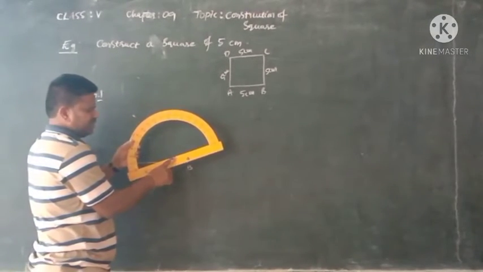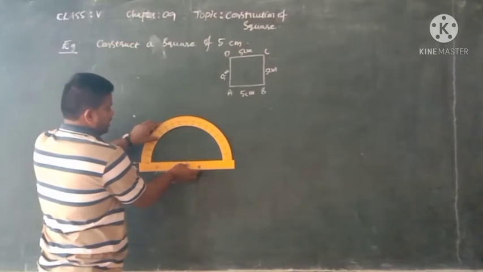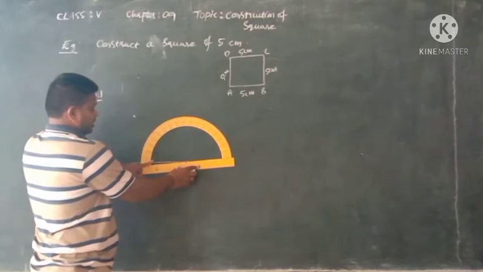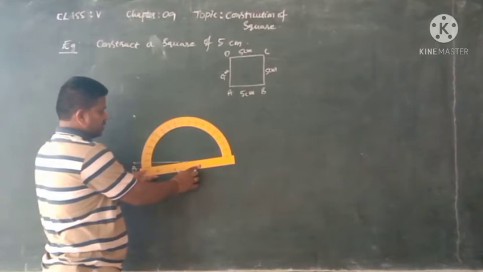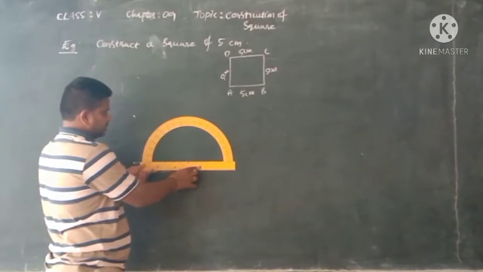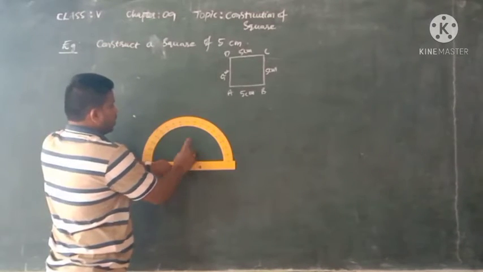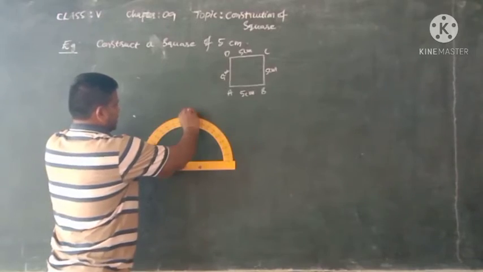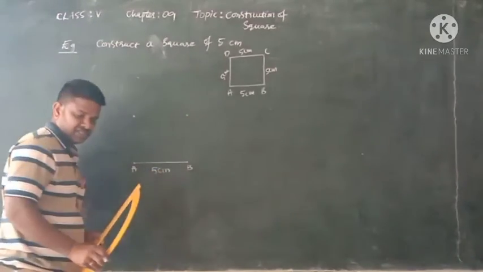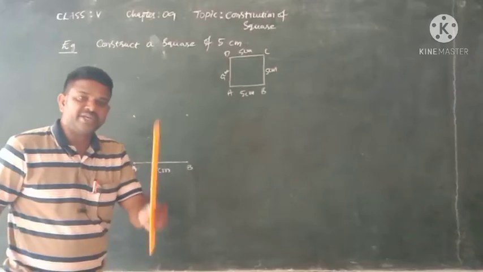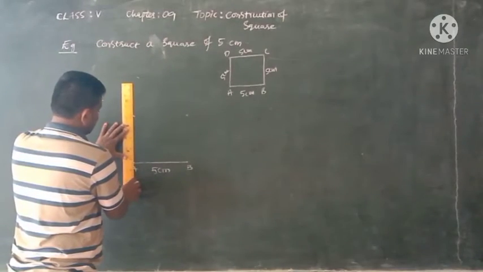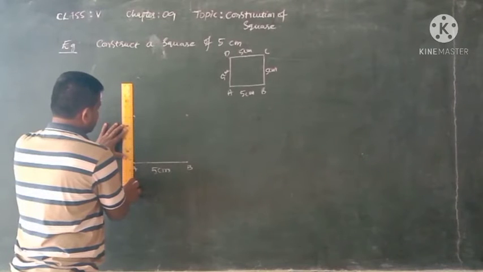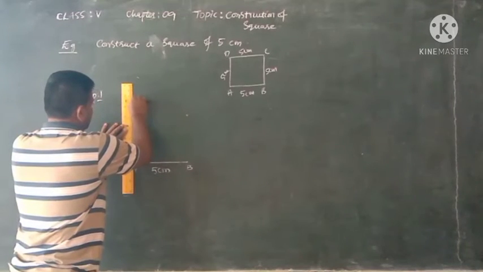The base point of the protractor must be at B now. So it is not in the correct position. The baseline of the protractor we make coincide with the baseline of the line segment. Now we put 90 degrees. Remove the protractor and use the scale again and draw two rays as we discussed in step 2.